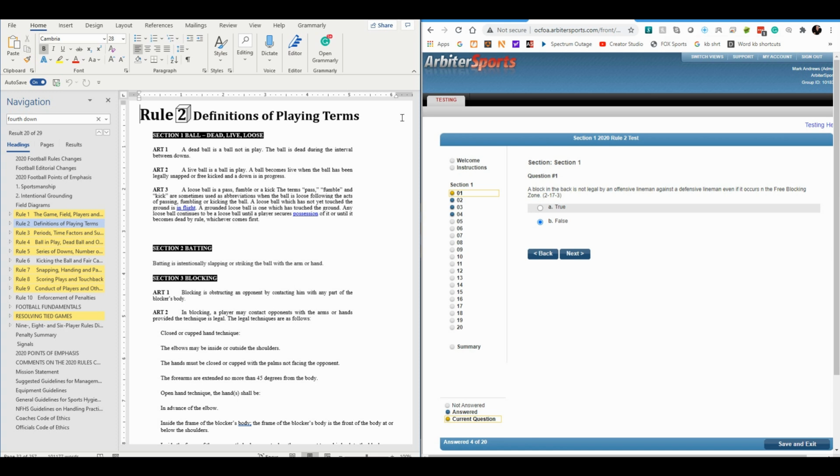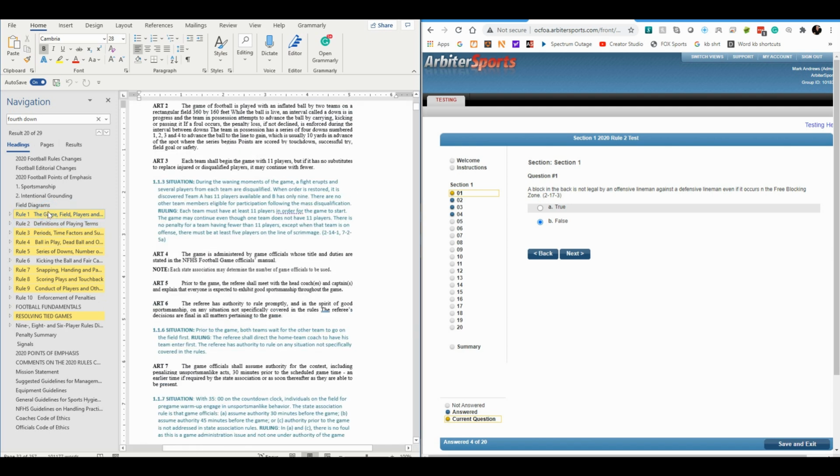And the way that this rule book is broken down is that all of these rules, sections, articles, they're all defined as headings. And in Word, headings are indexable. They basically create a table of contents. So if you want to go to Rule 1, click on Rule 1.